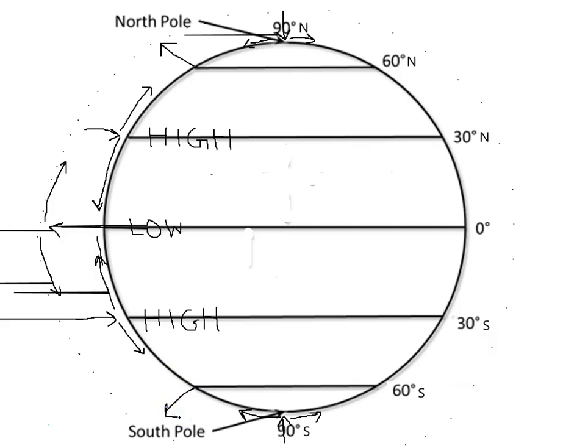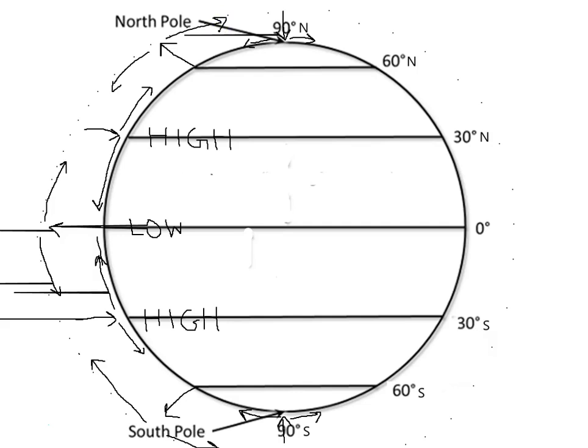Just as the air that rose at the equator spread out in the upper troposphere, the air at 60 degrees is also going to spread out, spreading this way and spreading this way.